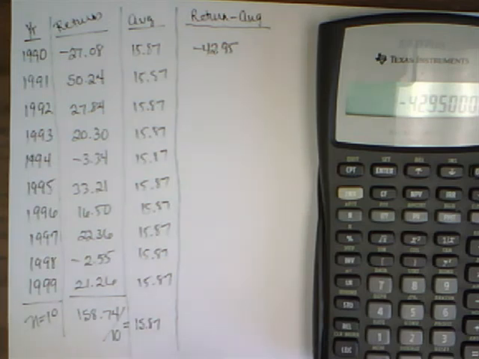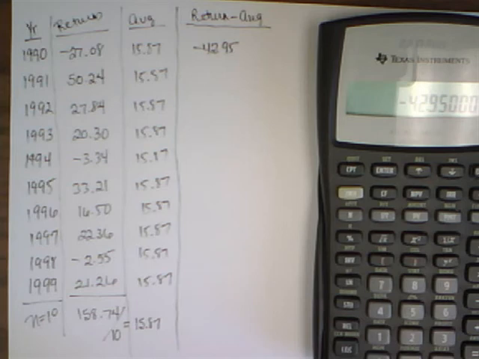So you're adding negative 15.87. And when you add two negative numbers, you add them together and you take the symbol. These are both negative numbers, so your answer is going to be negative. So when you add those together, you get a negative of 42.95. Okay, so that's how we arrive at that number. I just want to point that out.